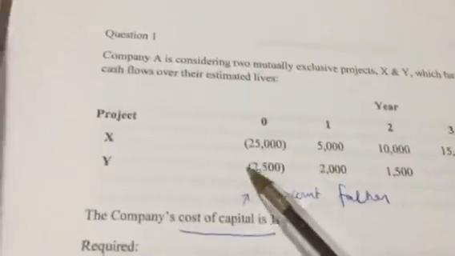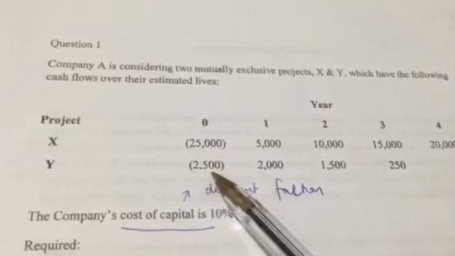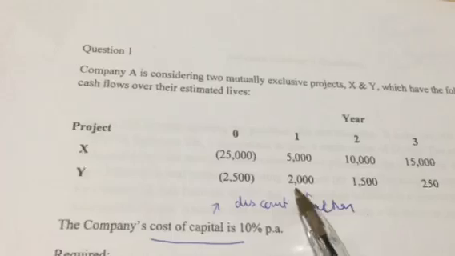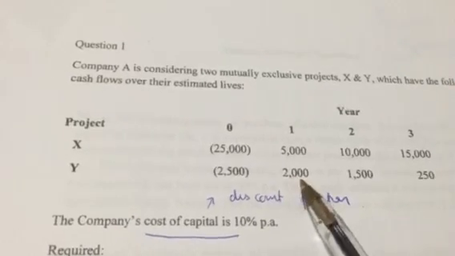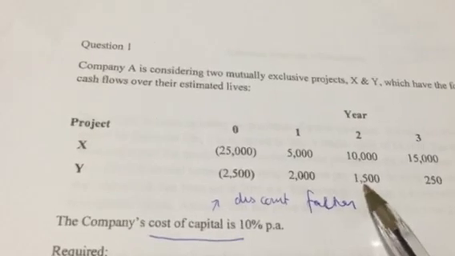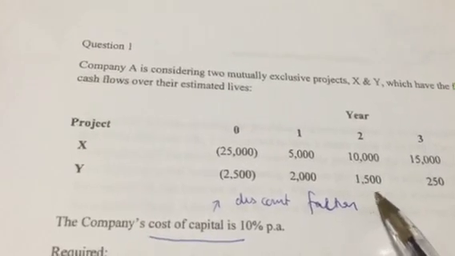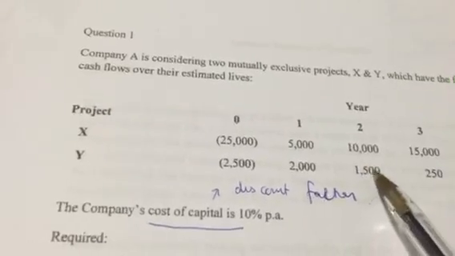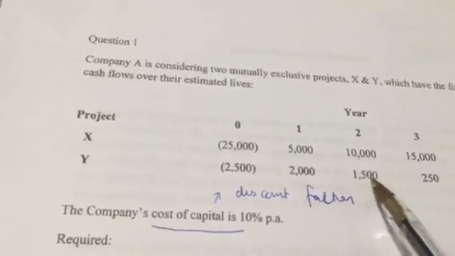The same thing for project Y. £2,500 was spent on it, and you see that in the 1st year you've already made £2,000 back. So what's left? £500. So that falls in the second year. And in the second year you made 1,500.